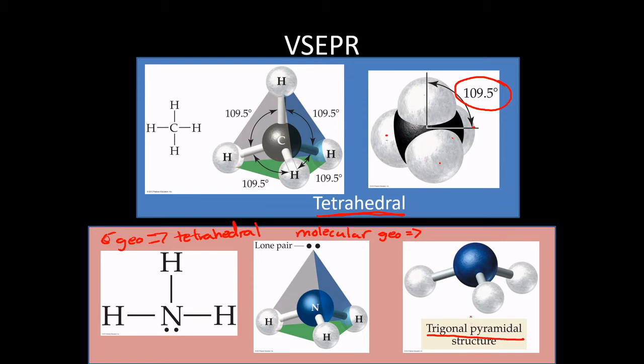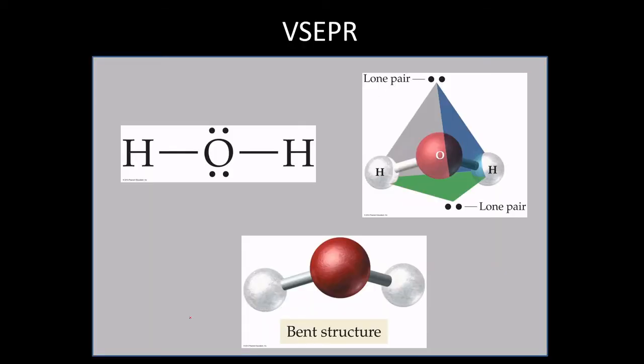And so any molecule, not just ammonia, any molecule where you have 4 total groups and one of those groups is a lone pair will have trigonal pyramidal molecular geometry. If we have the same kind of molecule in that we have 4 groups on the central atom, so water is an example of this, where we have 1, 2, 3, 4 groups on that central atom, but now 2 of those groups are lone pairs, so we have 2 bonding groups, 2 lone pair groups.